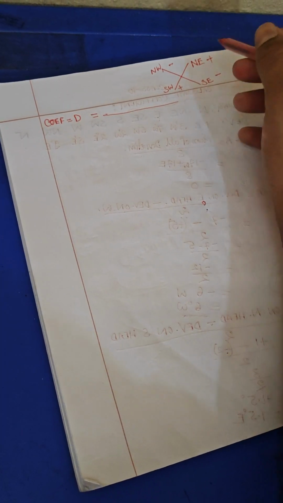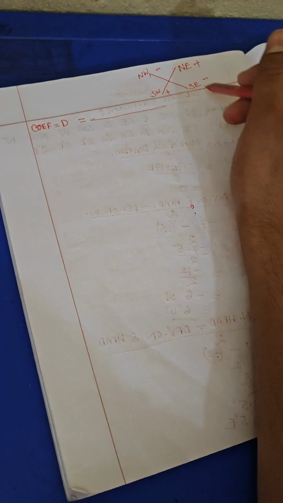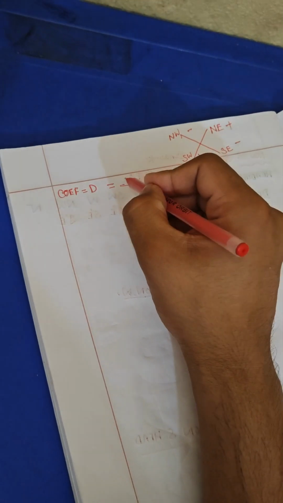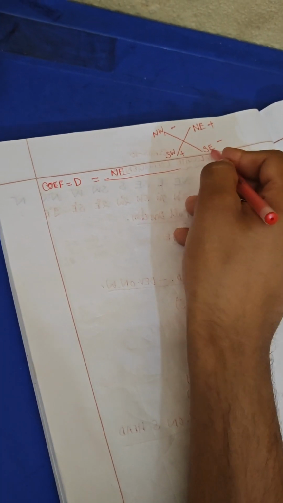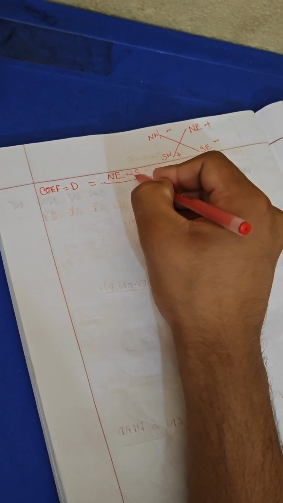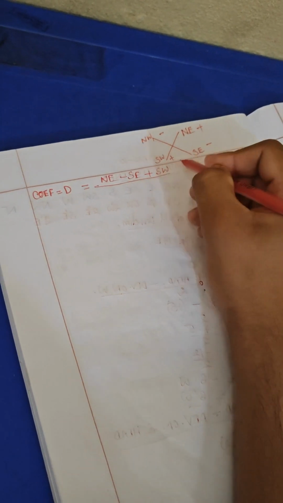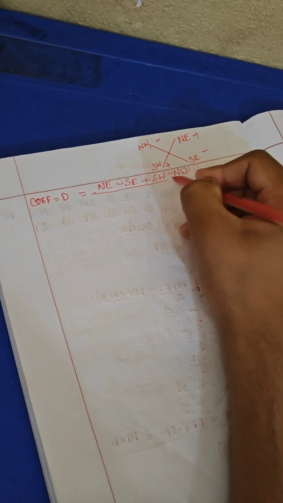So viewers, if you see here, we will group together these two quadrants, and these two quadrants also group together. So if I write like this, northeast, after that minus southeast, after that plus southwest, after that minus northwest, correct?